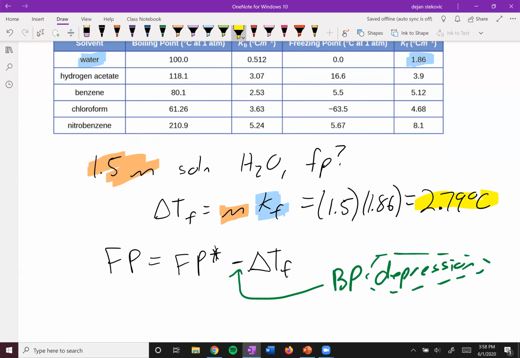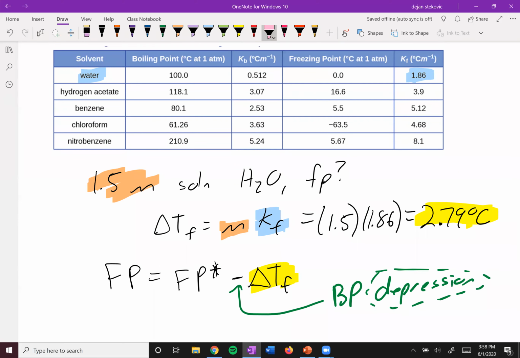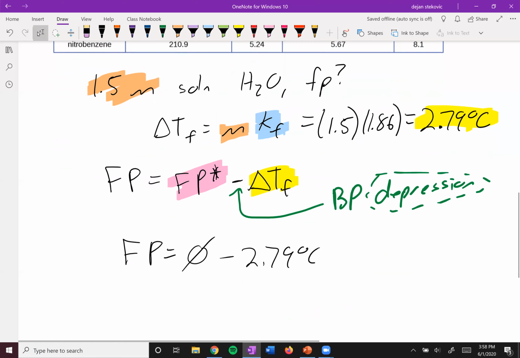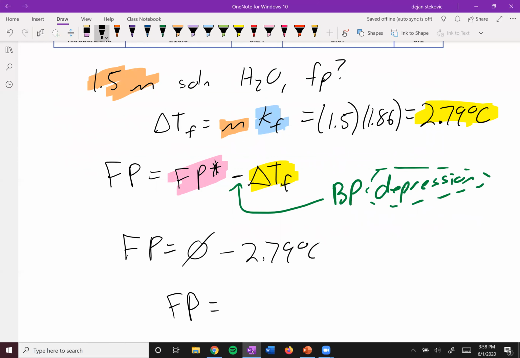So we'll take this 2.79, plug that in, and take our original freezing point of water, which is up here at 0 degrees Celsius. And so the freezing point will be 0 minus 2.79 degrees Celsius, and so the freezing point ends up being negative 2.79 degrees Celsius as our new freezing point.